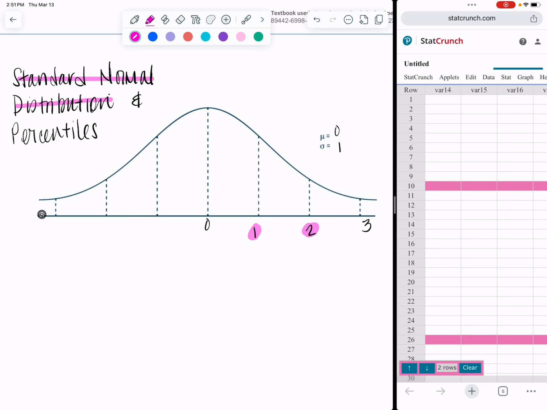If you were on the left side of the mean, so mu minus 1 sigma, that minus 1 is the z-score for the standard normal distribution. So we have a z-score of -1, -2, and -3.